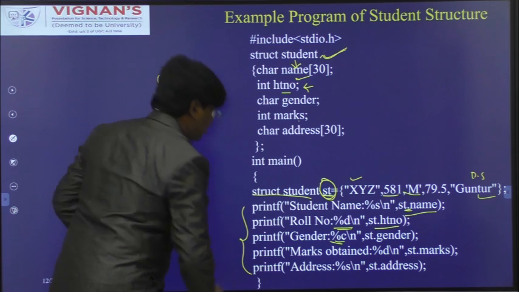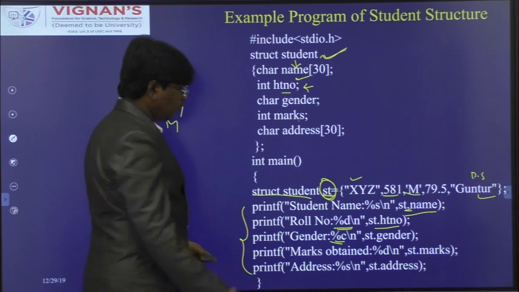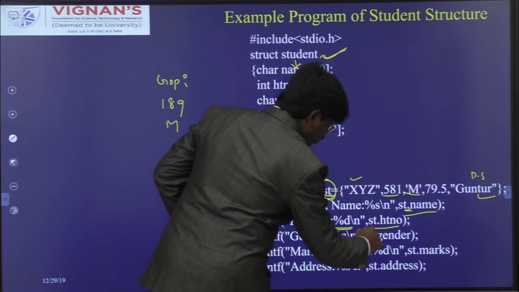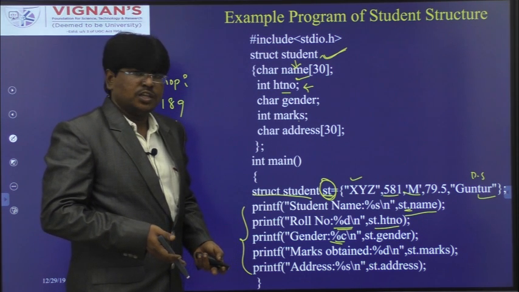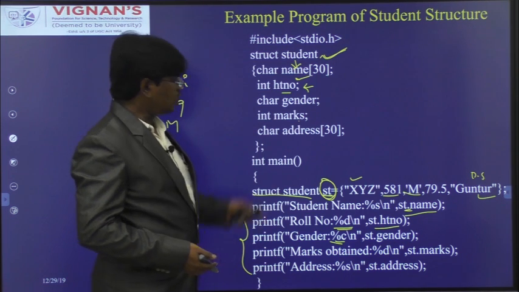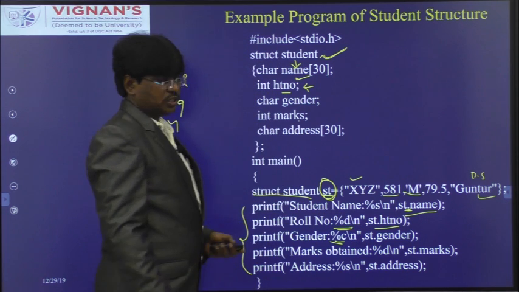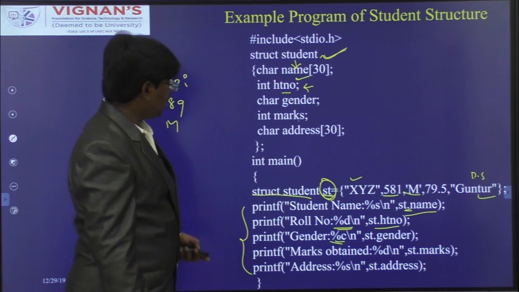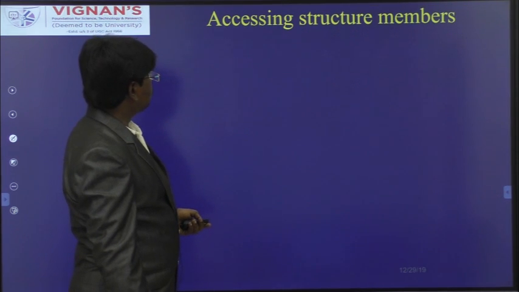But I am telling you, with scanf also we can store, whatever the printf statements you have taken. If you use the ampersand operator before the object name, it serves the same purpose of reading values into the members of the structure. But this program only represents how to store and how to print, direct storage. So this is about printing all the members of the given structure. This is the example program.